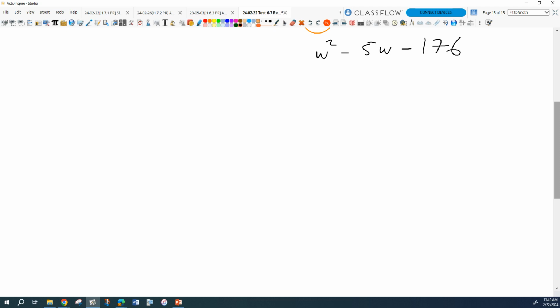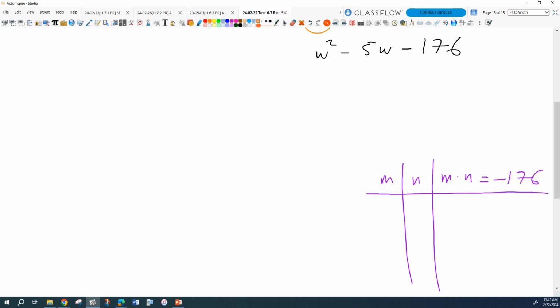Yeah, because when they multiply to a negative, it's easier to go that way, right? So let's make our table here. M times N has to equal negative 176. The bigger of the two is going to be negative, 5 bigger than the positive, right?